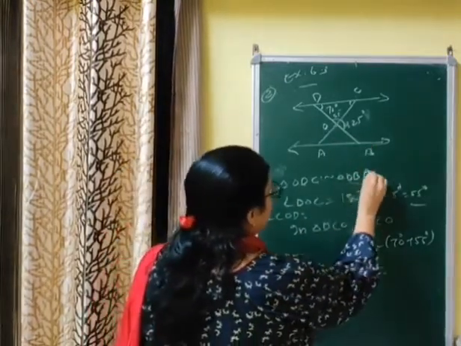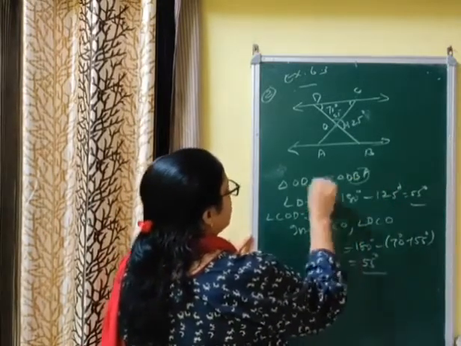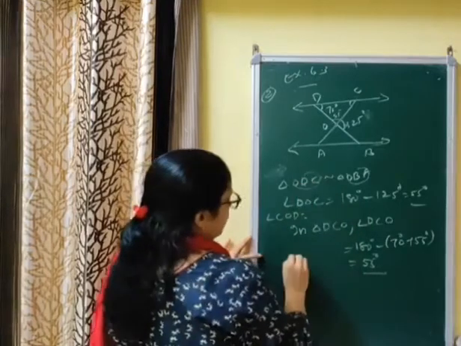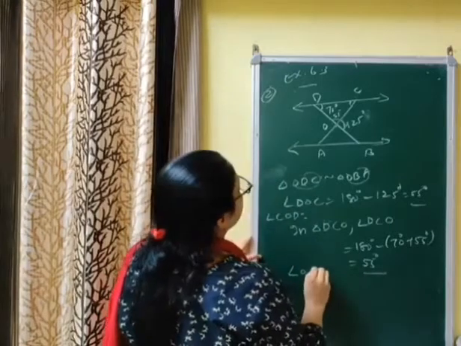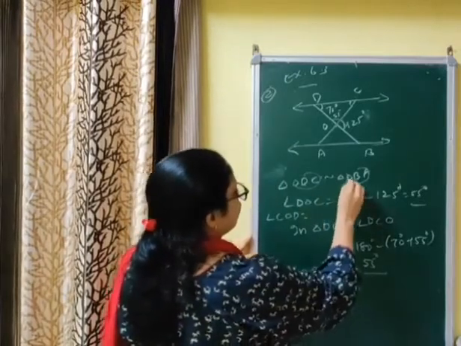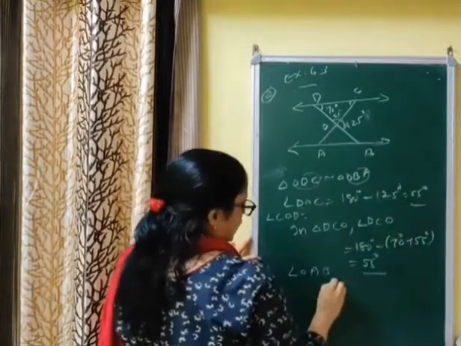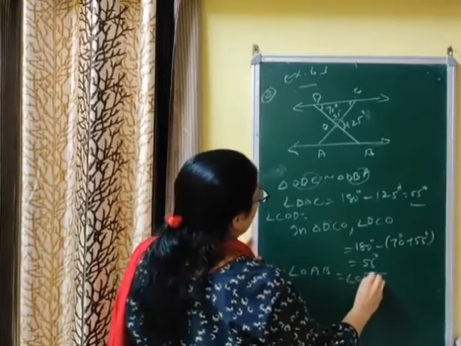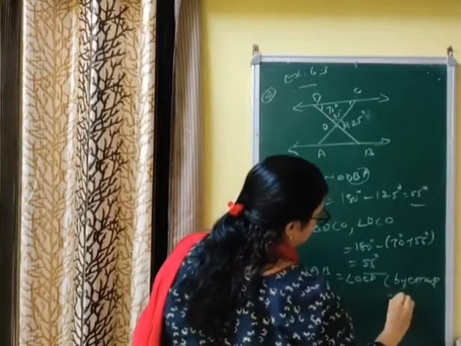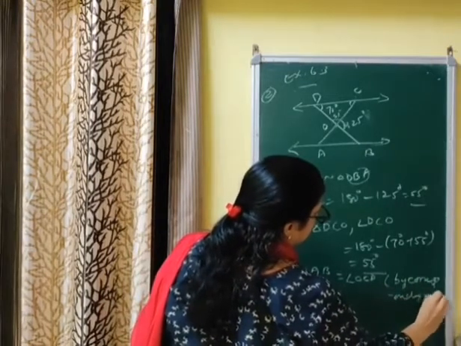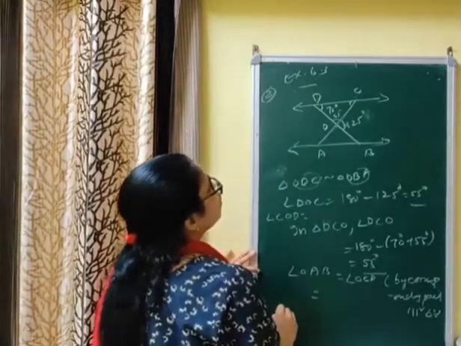Angle OAB is the same as angle, first letter, third letter, बीच का letter: angle OCD. Angle OAB is equal to angle OCD because corresponding parts of similar triangles. Similar के लिए ऐसे भी लिख सकते हैं. That is OAB equal to OCD.